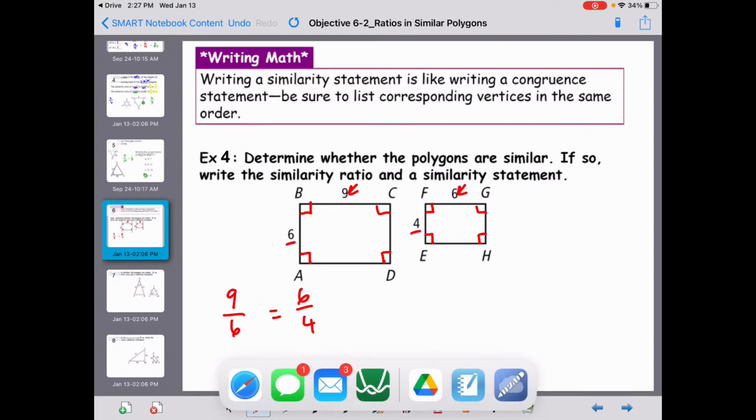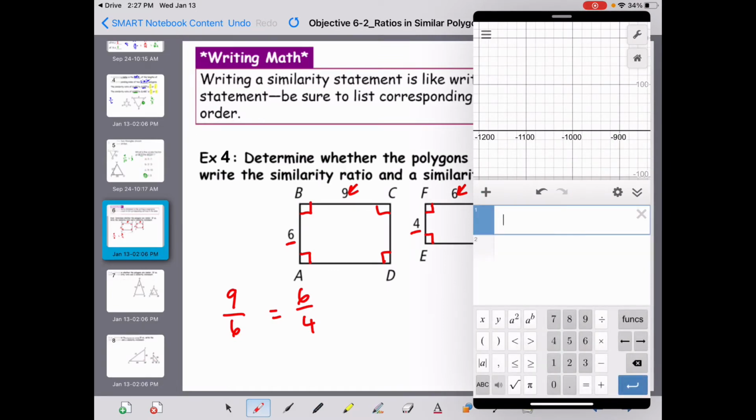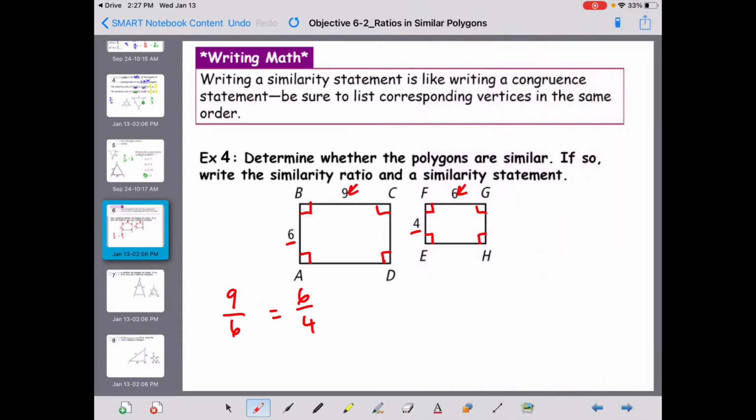Now when I simplify those, do I get the same number? Well, let's see. 9 divided by 6 is 1.5. 6 divided by 4, 1.5. So because these sides simplify to give me the same number, I can say that these are similar.